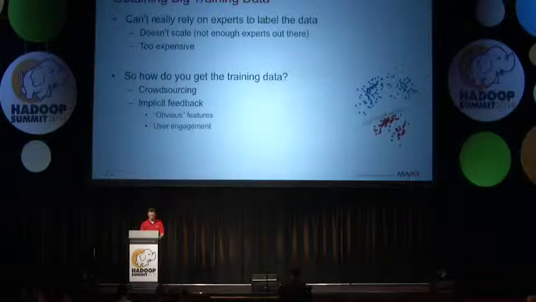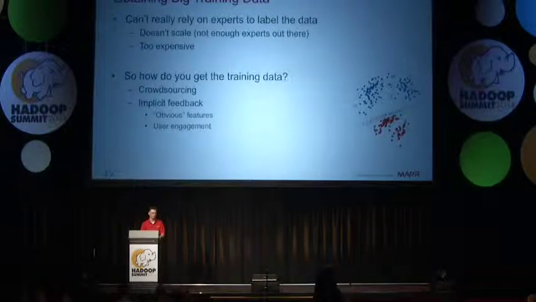So the main question, and that probably is up to 70, 80% really of these overall efforts, is how do you get the training data? How do you get the data that essentially drives the machine learning algorithm? Essentially, there are two kinds of proven ways. On the one hand, crowdsourcing, on the other hand, implicit feedback.